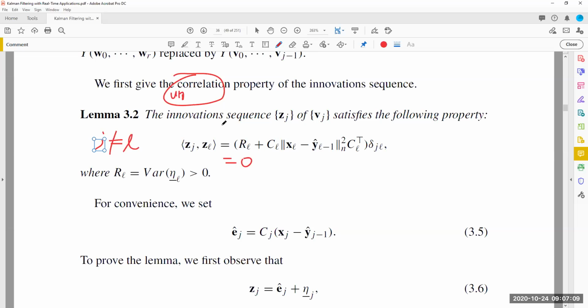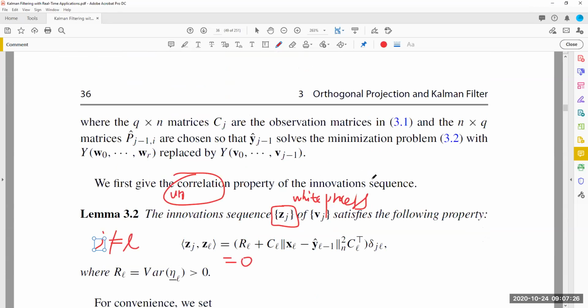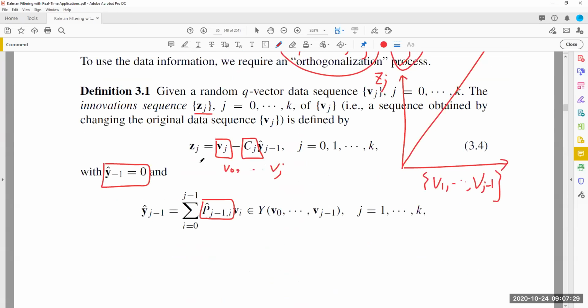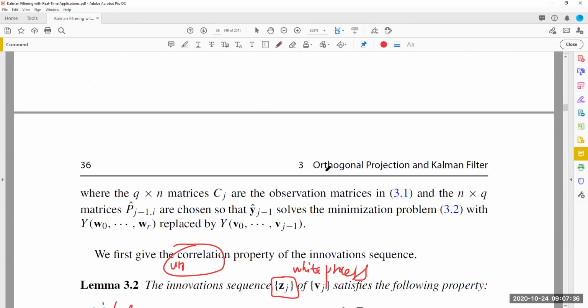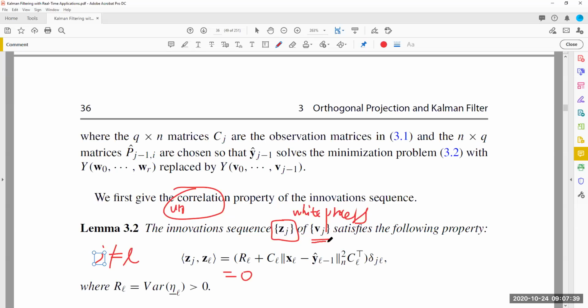So if they are uncorrelated, we know this process Zj is a white process. So the process to construct Zj is called whitening. Vj is not a white process, but Zj is a white process.